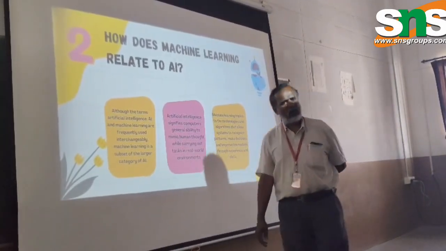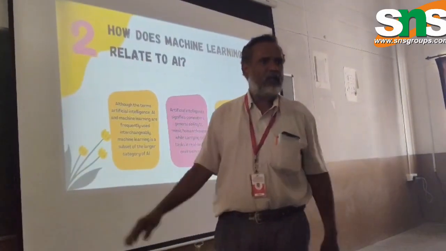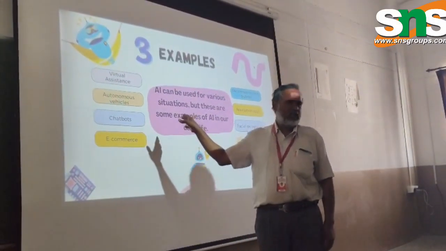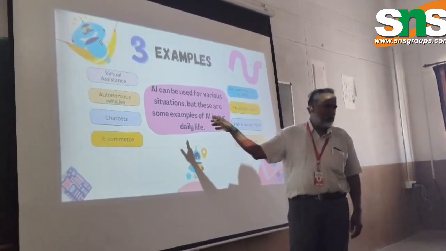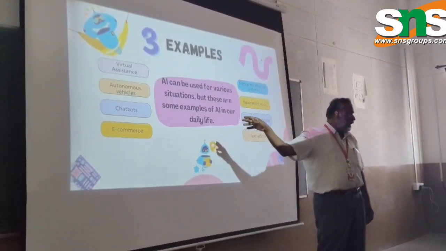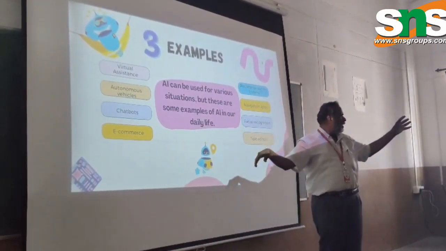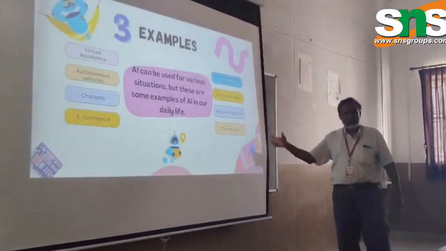AI is common to all service domains. Not only in computing, it is also in education, entertainment, finance, health sector, health science, STEM science, followed by autonomous vehicles, agriculture, and IoT, the Internet of Things, etc. So all human tasks can be handled by AI.